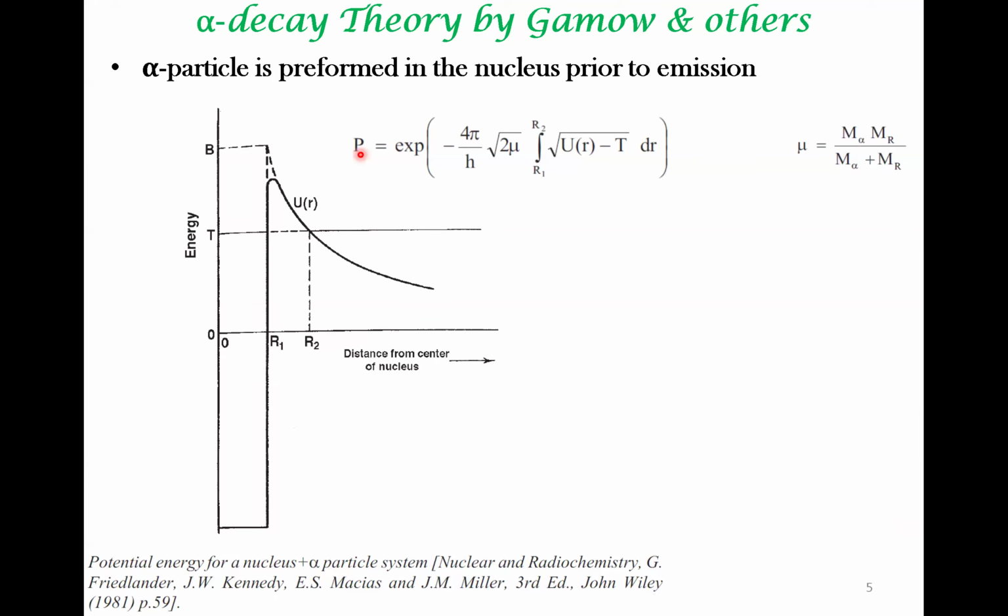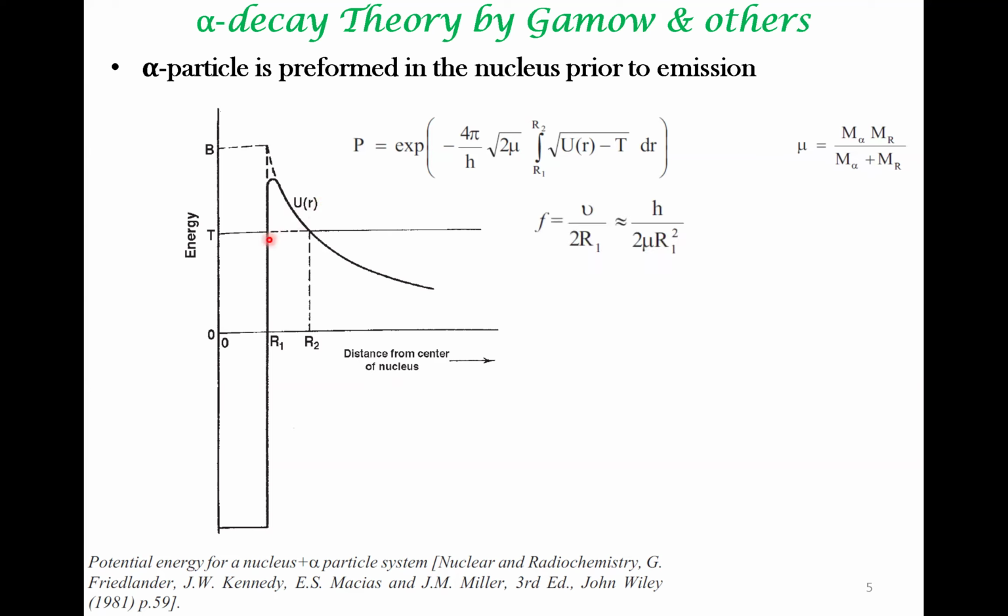The deuterium atomic mass is more than the atomic mass of hydrogen. Therefore, with the change in atomic mass, the reduced mass will also change. And the greater the reduced mass, the probability of tunneling is lesser. So two things: if the difference between this and this is large, the probability will be less. If the reduced mass is large, the probability of tunneling will be less.